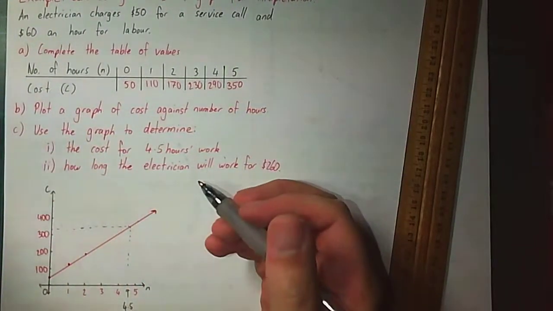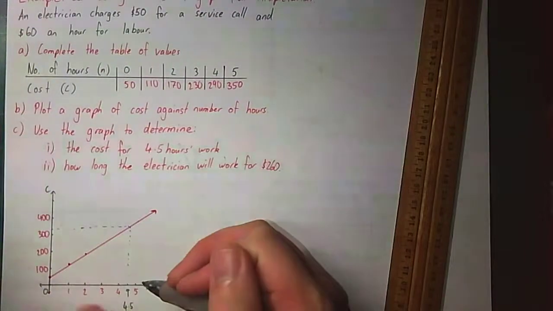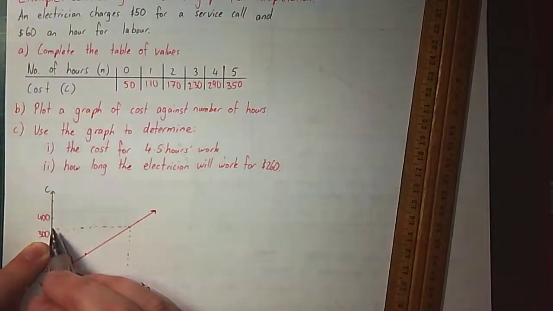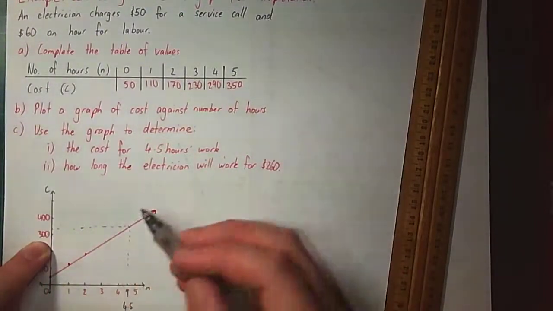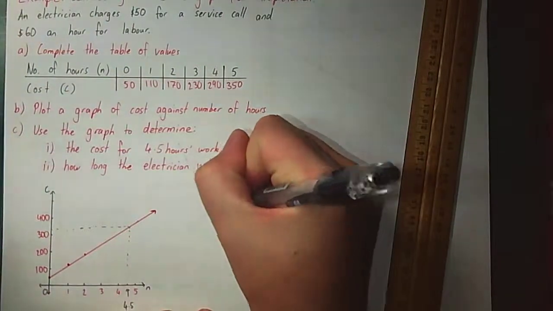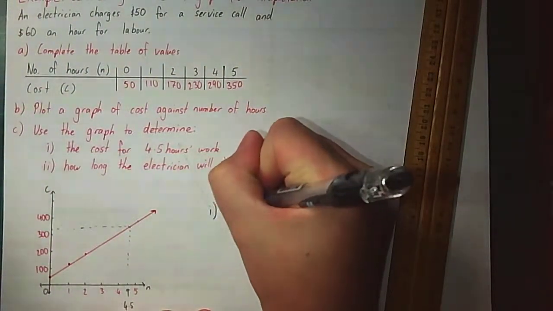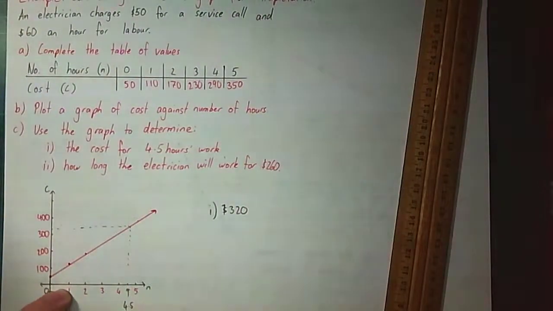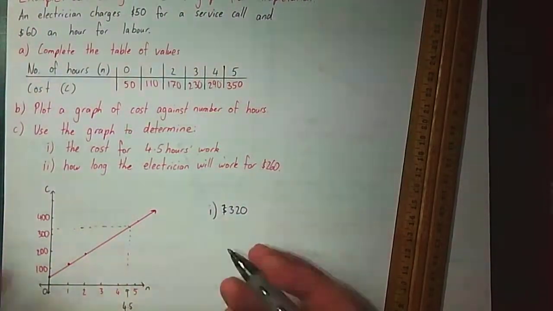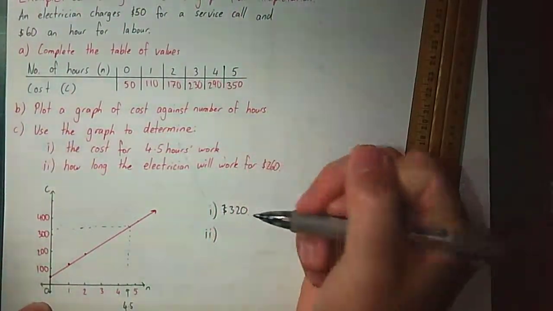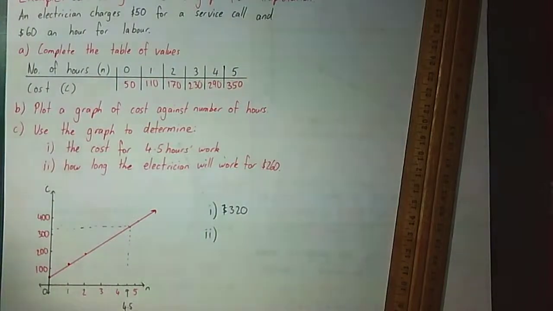So for 4.5 hours of work, it's going to be less than 350. That looks to me about possibly 320. Now, the more accurate this graph is, the easier this question would be. So 320 was my answer for part 1.